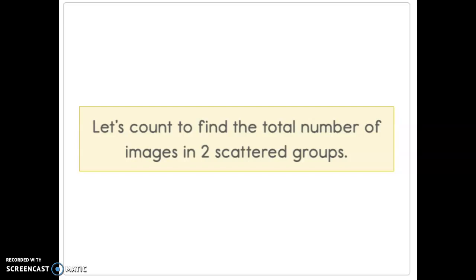We've been talking about how adding is putting together, and how when you add things, usually the number gets bigger. Up until now, we've had very organized groups, so we haven't had to keep track of what we're counting. But today we're going to count to find the total number of images in two scattered groups.